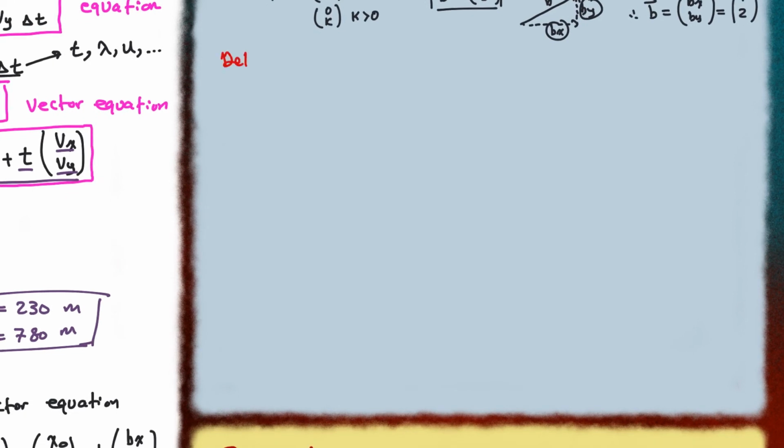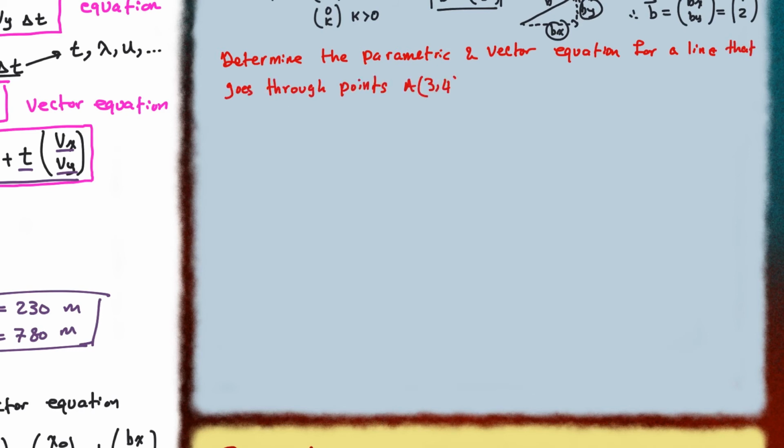For the next question, we want to determine the parametric and vector equations for a line that goes through points A and B that are given here. It's always nice to try to visualize the question if we can draw it out. So in this case, we can sketch the points.